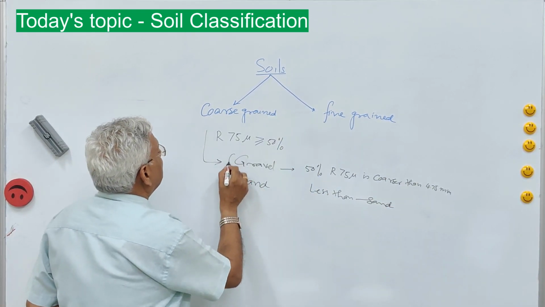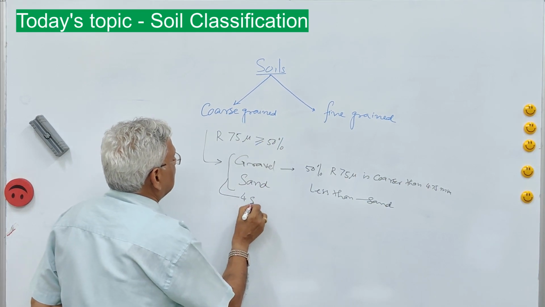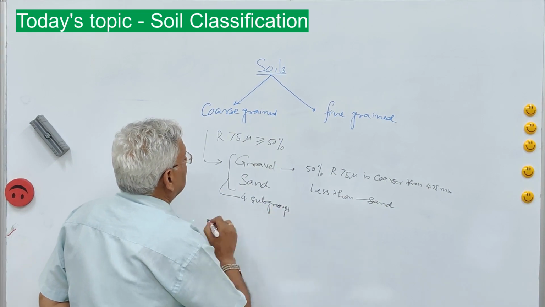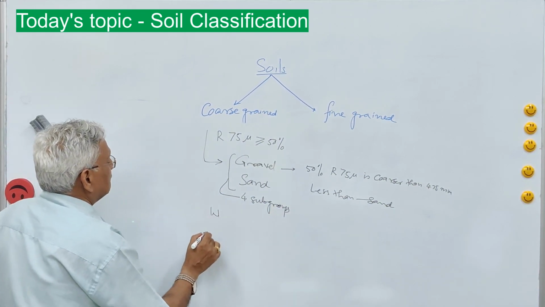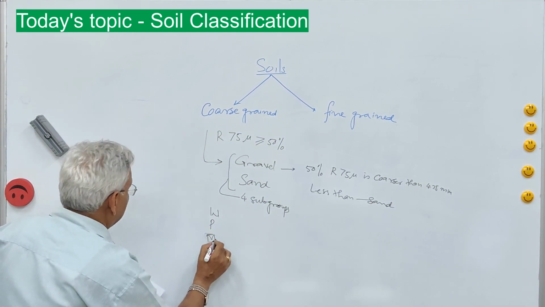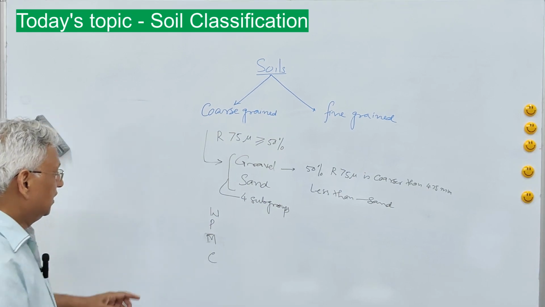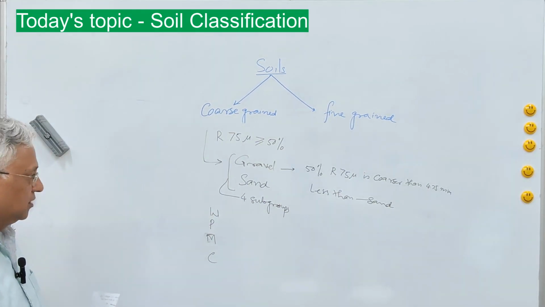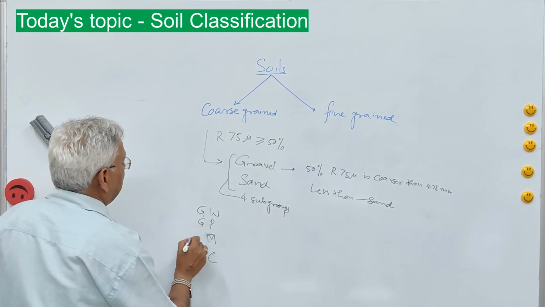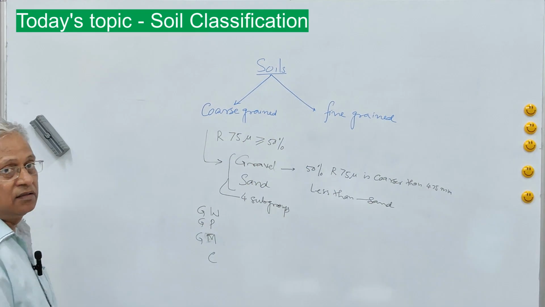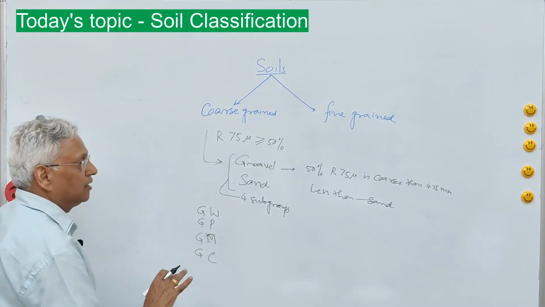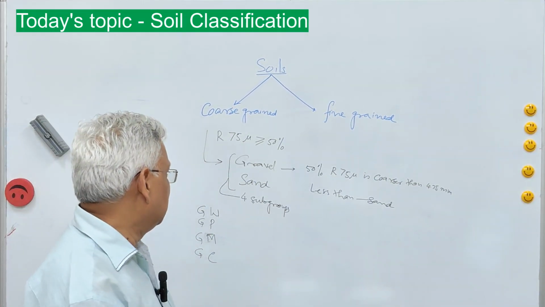Gravel and sand are further divided into four subgroups depending upon the grain size distribution: well graded, poorly graded, silt and clay. Well graded gravel is GW, poorly graded GP, silty gravel or gravel silt mixture is GM, and gravel and clay mixture is GC.